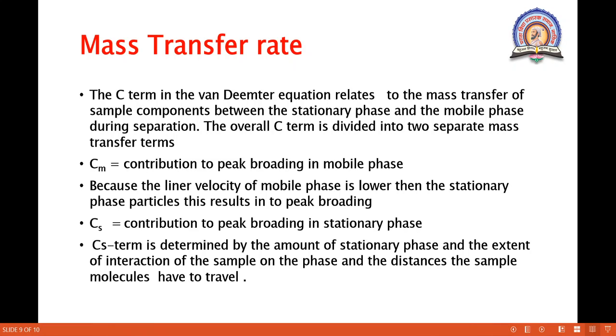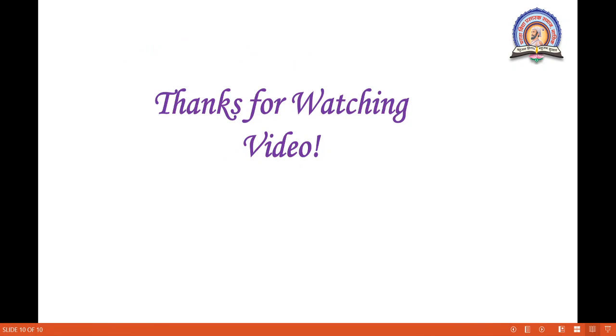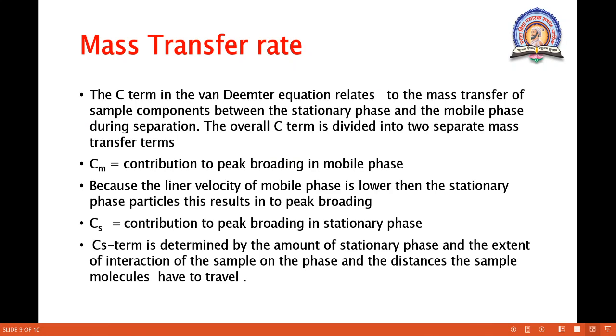Okay, I repeat this point. The Cs term is determined by the amount of stationary phase, the extent of interaction of the sample on the phase, and the distance the sample molecules have to travel. So this is about the mass transfer.